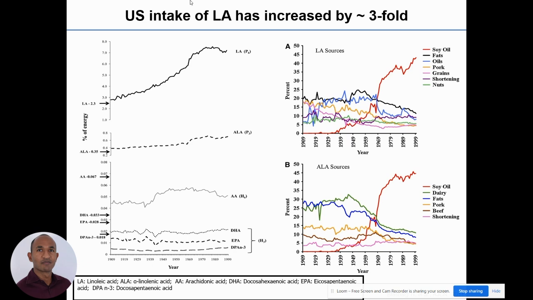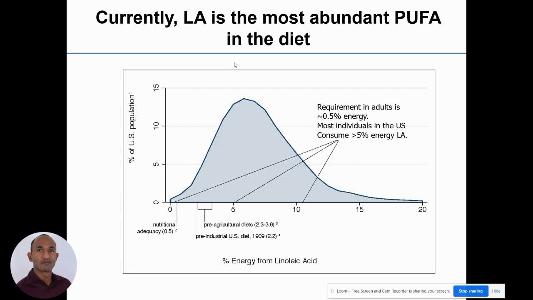So LA levels in the US at least, and then most of the world, started to increase significantly, reaching about 7%, 7.2% by the late 1900s. I know it's 2021, so is there more recent data? Yes.